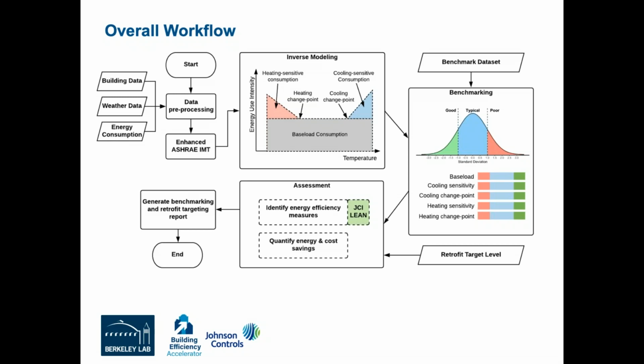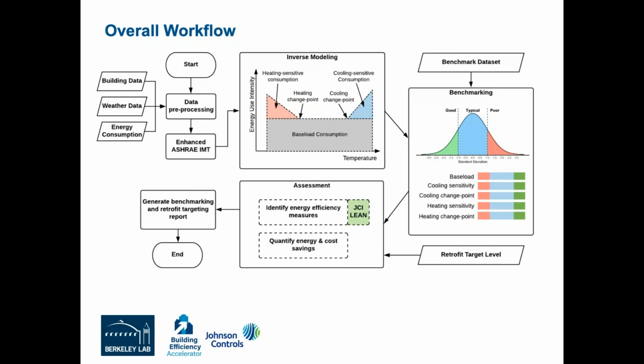We're taking the building data and the energy consumption data I mentioned, and combining it with weather data from the National Oceanic Atmospheric Administration, NOAA database. We're pre-processing that data, and I'll talk about what that means in a moment. And then we're using an inverse modeling function to plot typical energy use intensity per day during a given month.